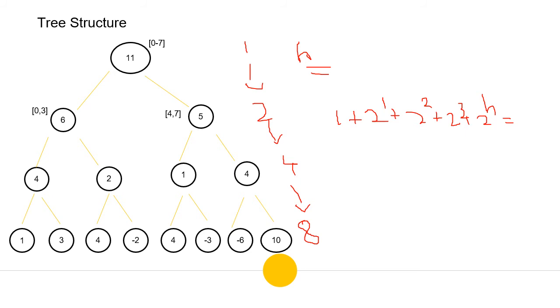And we also know that the total number of elements in the leaf nodes are the elements present in the array. So we also know that 2 power h is equal to n.